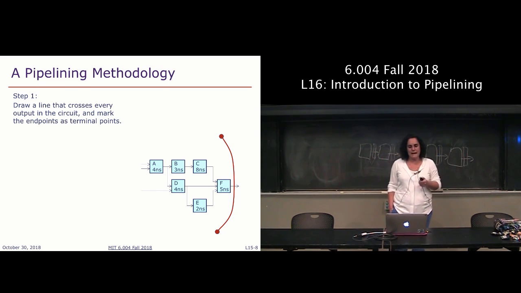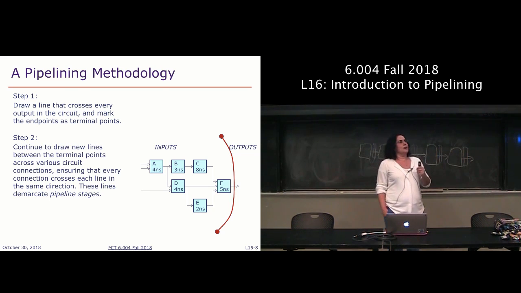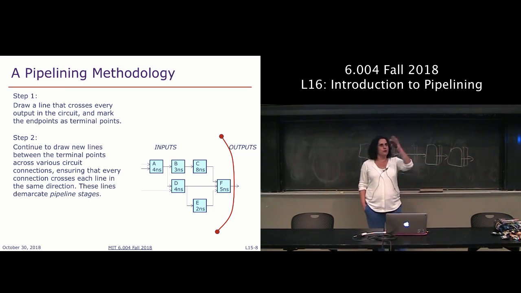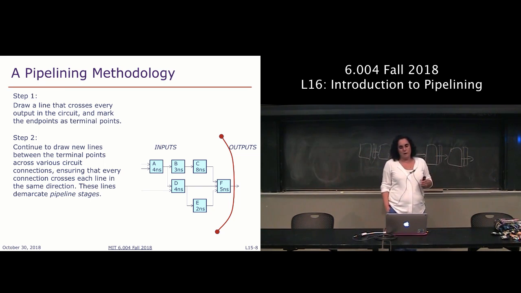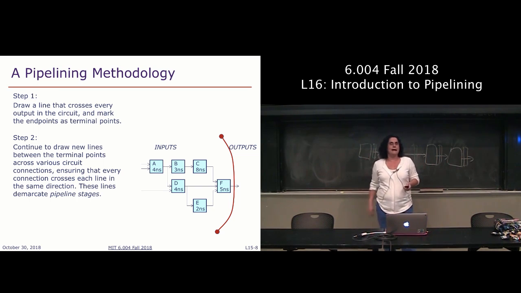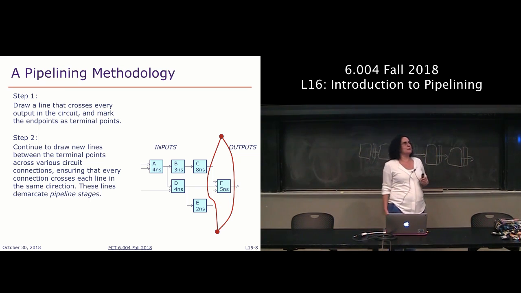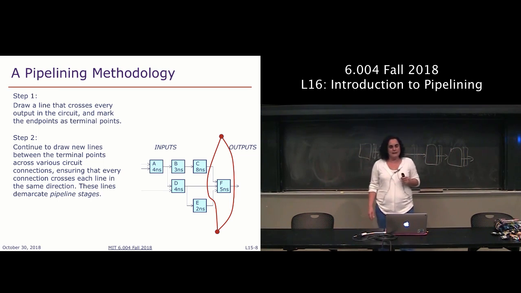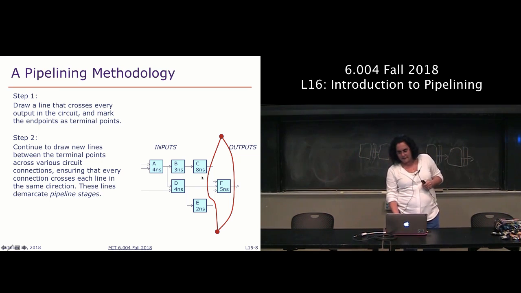Okay. Now, I'm going to continue to draw these contours crossing through my circuit, and I'm always going to connect these 2 red endpoints. The one thing I absolutely have to make sure is true in order to end up with a valid pipeline is that any time I cross through some wires in my circuit, the wires must cross this contour or boundary in the same direction. So what does that mean?